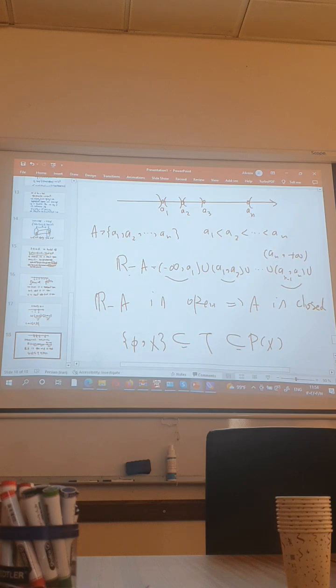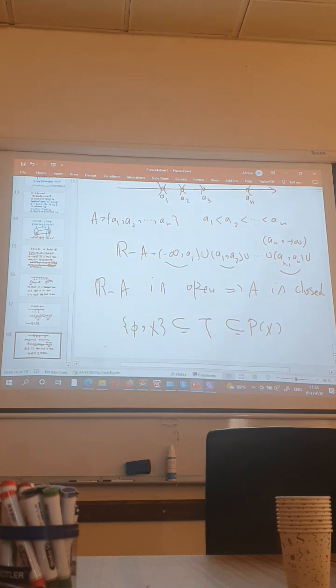Because if A is closed, this shows that X minus A is open, meaning that it must belong to this topology on X. So we have two cases.